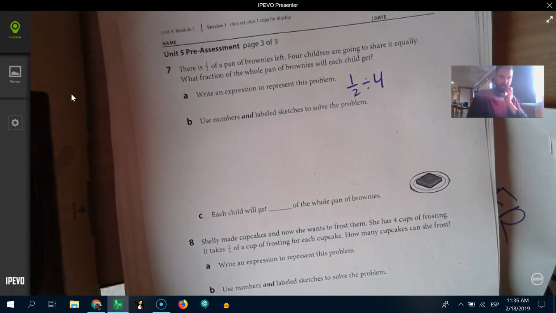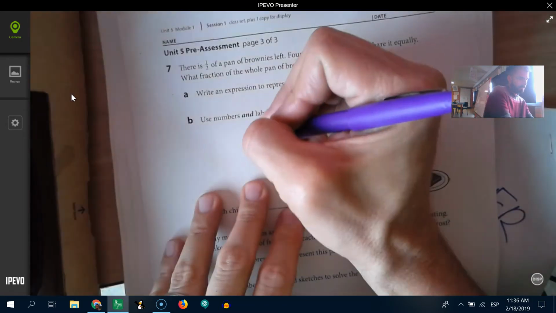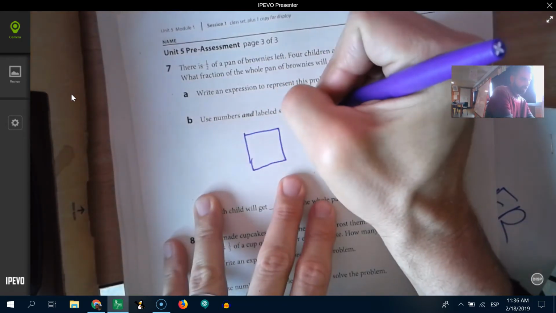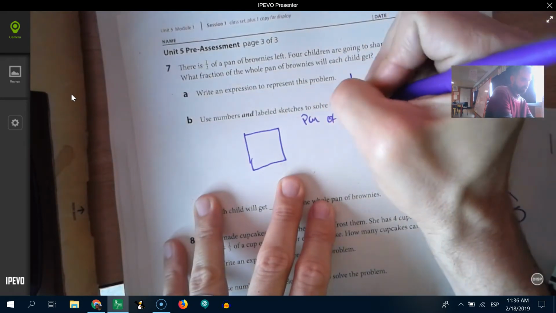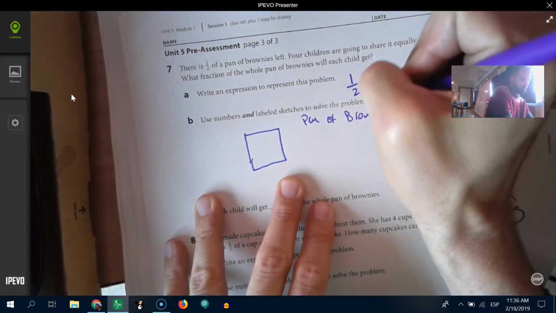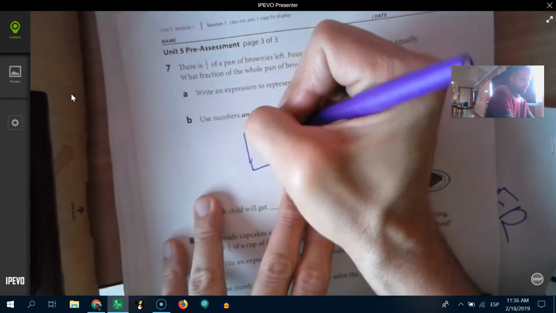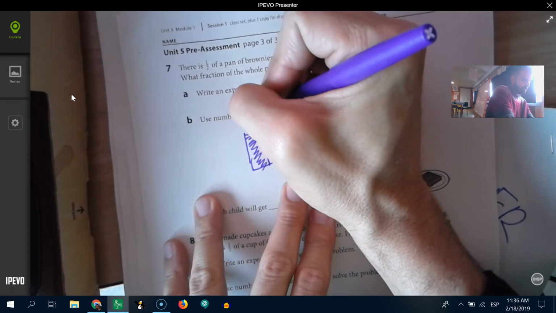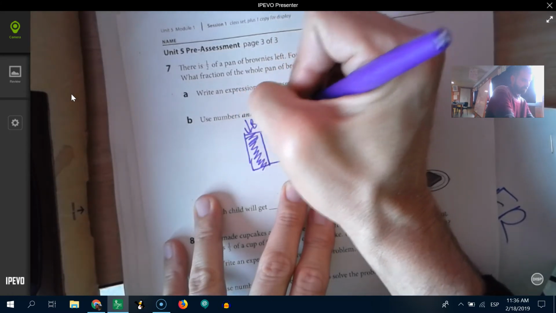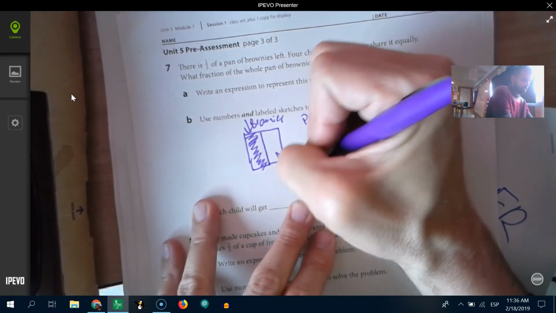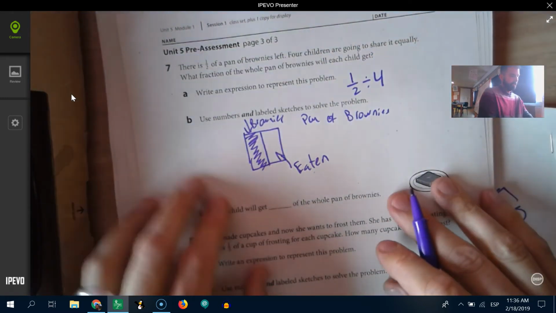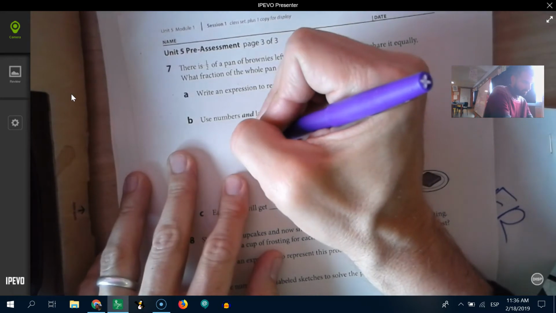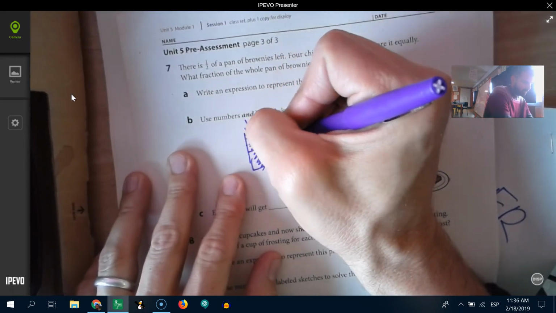Okay, use numbers and labeled sketches to solve the problem. So I have a pan of brownies. These are my brownies. This part has been eaten. So we want to share the half of the brownies with 4 people.